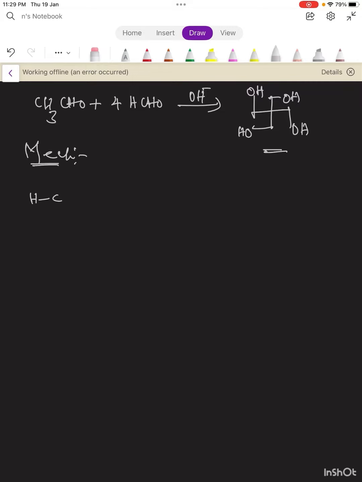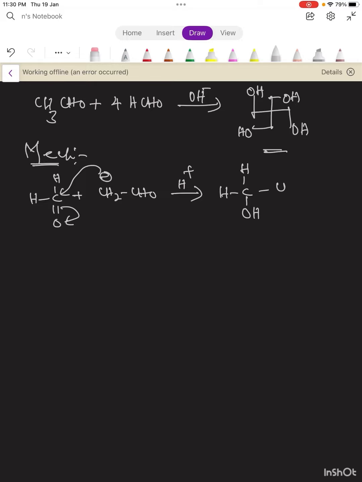First, formaldehyde I am taking, which is reacting with the carbanion of acetaldehyde, so that it will attack on the carbon with double bond to oxygen. At the same time H plus is added, so that O minus becomes OH.